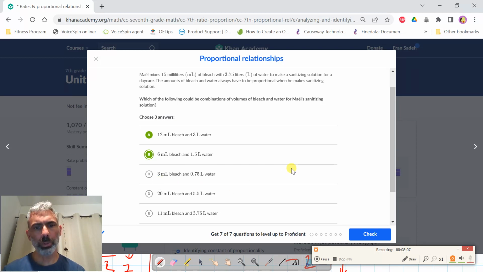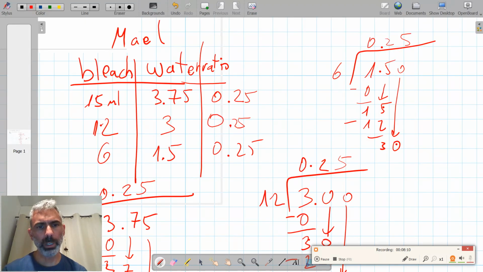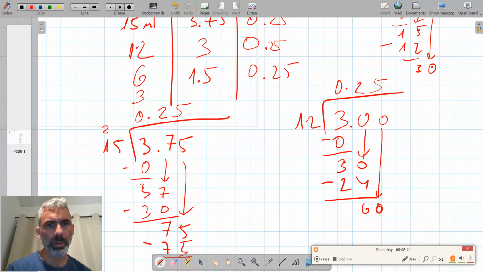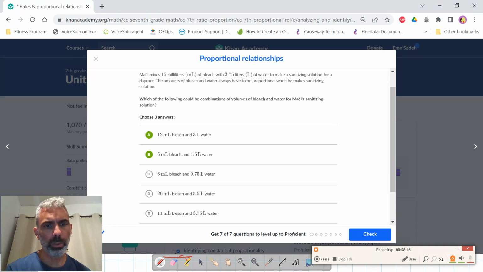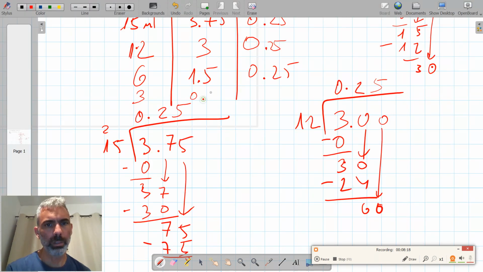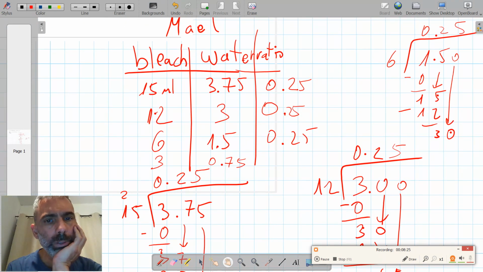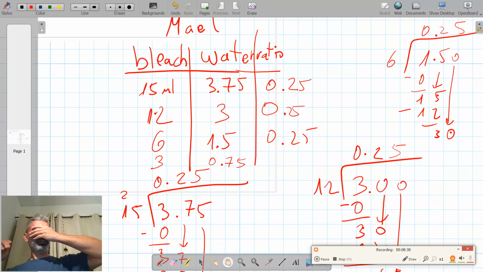And 3 milliliters and 0.75 liters. Yes. Okay, so to find the ratio, I divided 3.75 by 15.